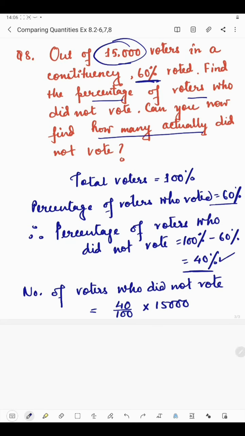To find the number of voters who did not vote, we will multiply the percentage of voters who did not vote by the total voters in the constituency. Two zeros will be cancelled. Now 15 fours are 60 and here we have 20. So it's 6,000 voters who did not vote. So this was all about question number 8. Thank you, students.